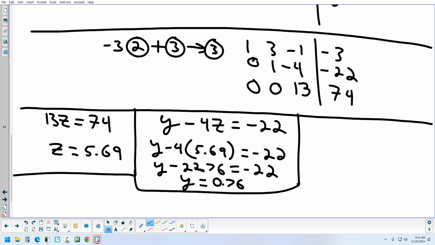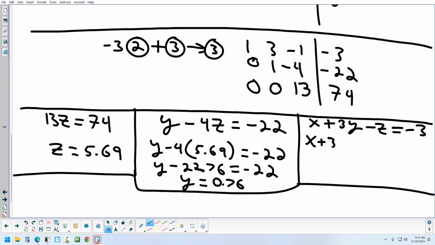And now let's go all the way up to the top row. What does the top row tell me? X is 3y minus z equals -3. And let's fill it in. So x we don't know. 3 times 0.76 minus 5.69 equals -3.